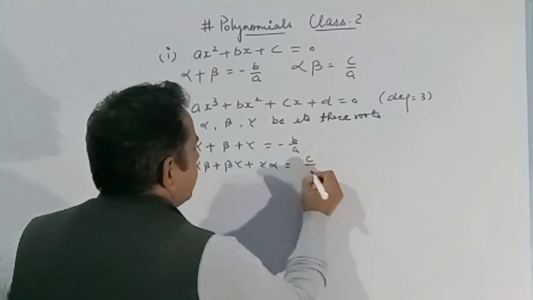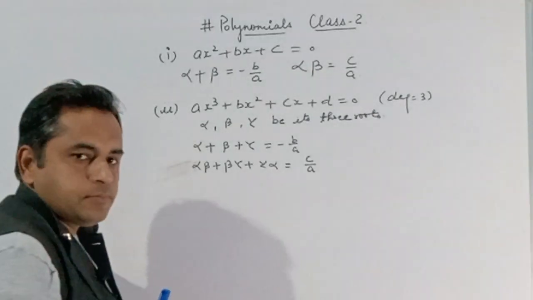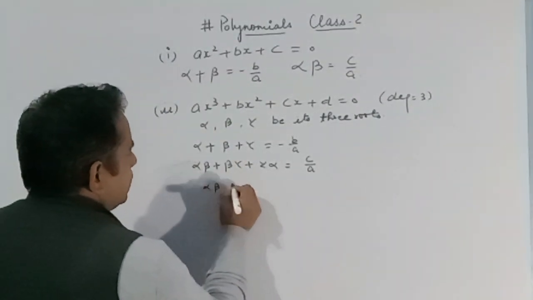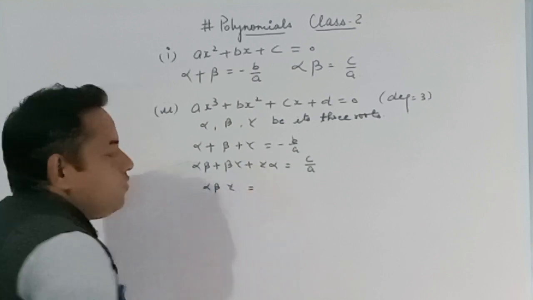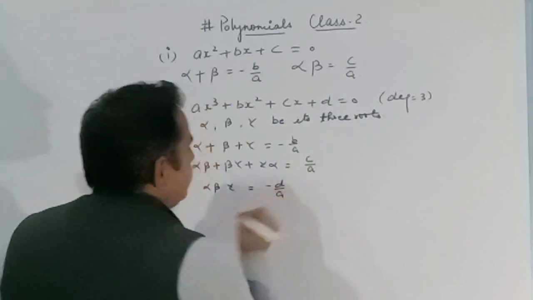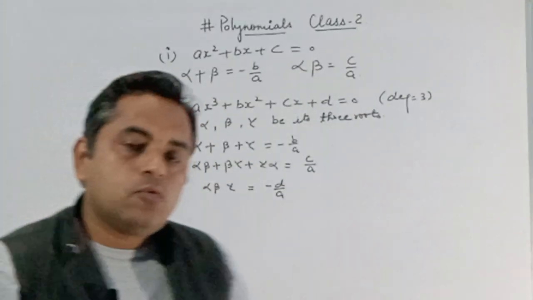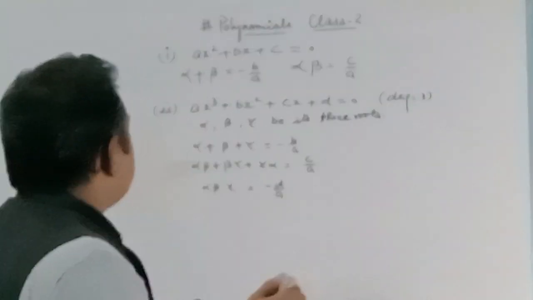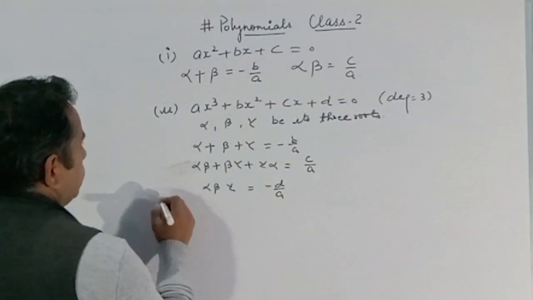What will it be? c upon a. Clear? Now the next one, alpha beta gamma, what will it be? Minus d upon a. This is for cubic equations. Clear?